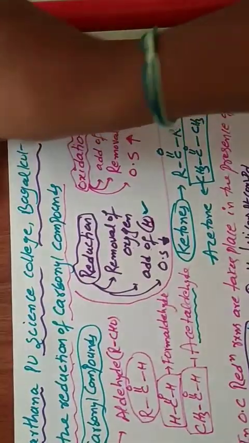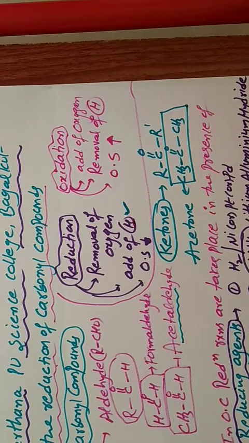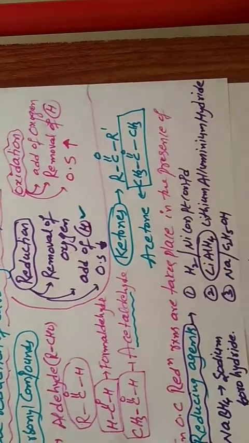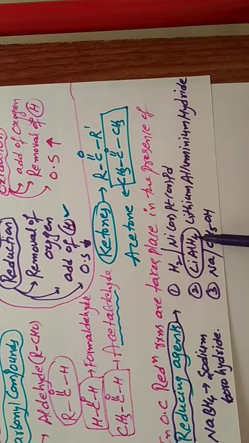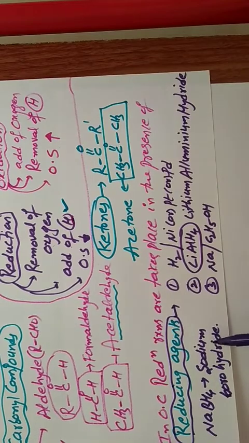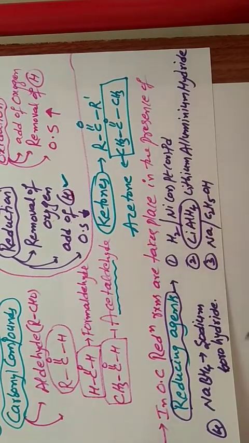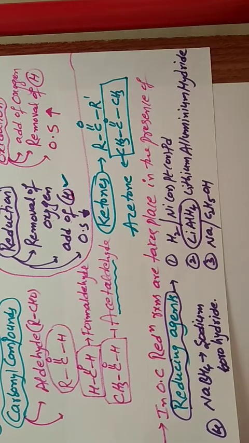Already we discussed: commonly four types of reducing agents are used. Hydrogen with nickel, platinum; LiAlH4; sodium with ethyl alcohol; NaBH4. These are the commonly used reducing agents. Now we discuss the reaction with nickel and hydrogen, and the remaining ones the same way.